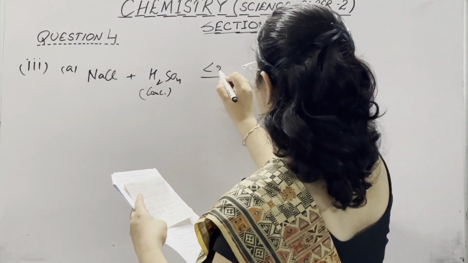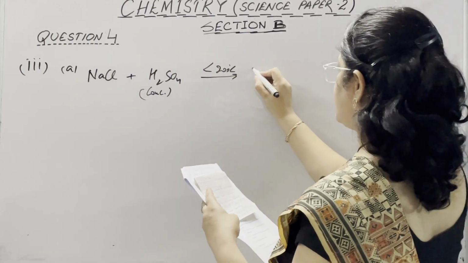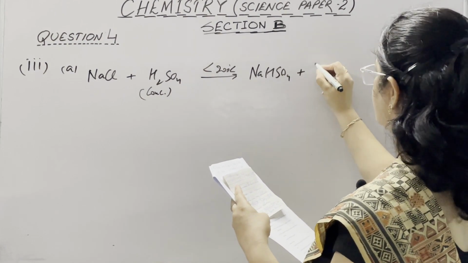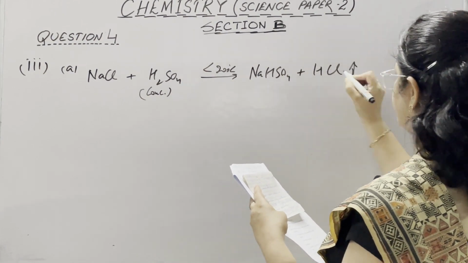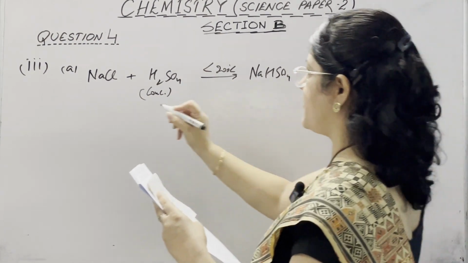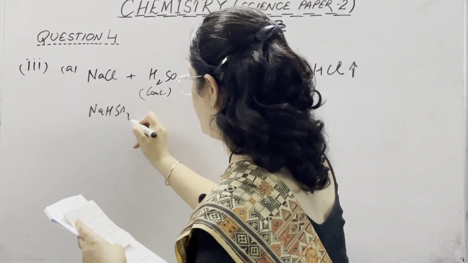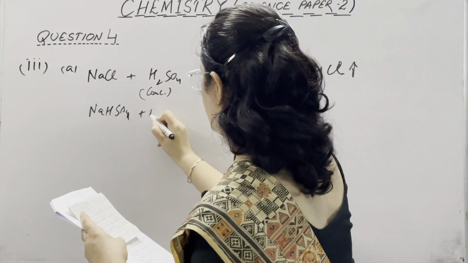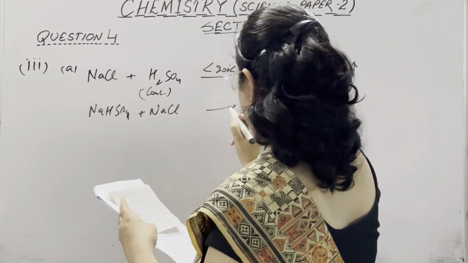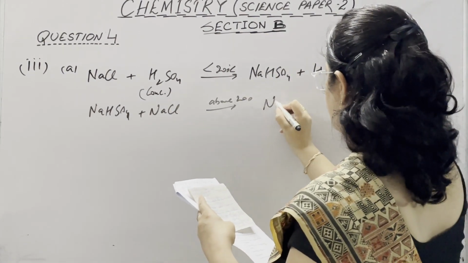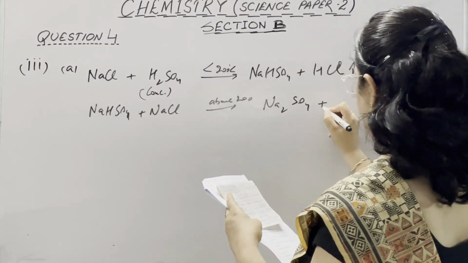If the temperature is less than 200 degrees Celsius, then NaHSO4, sodium bisulfate, is formed along with HCl. So this is the first method of laboratory preparation. And if this NaHSO4 is reacted again with NaCl above 200 degrees Celsius, then sodium sulfate is formed along with HCl.